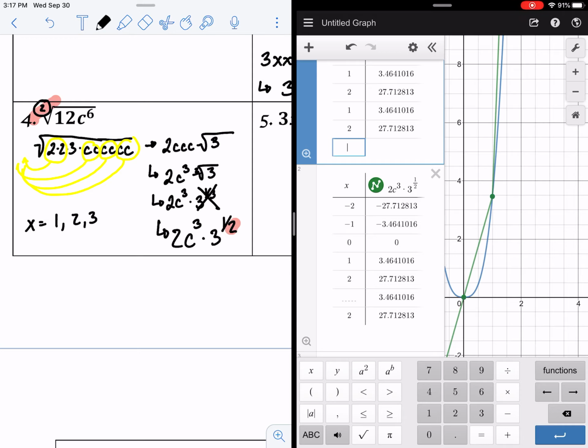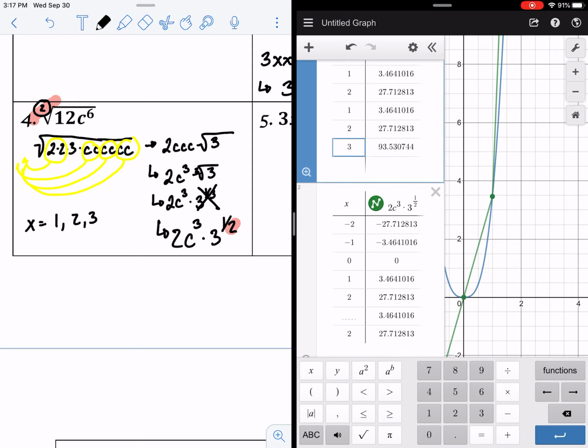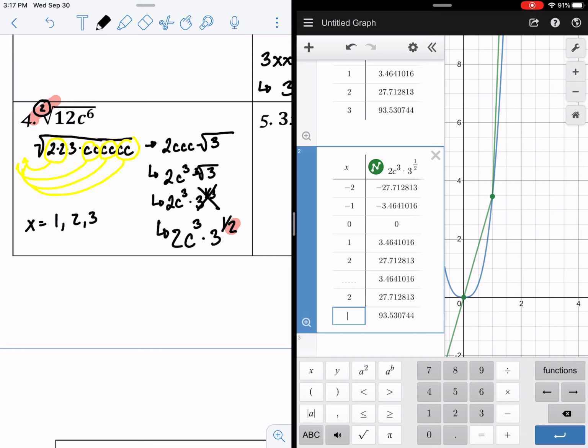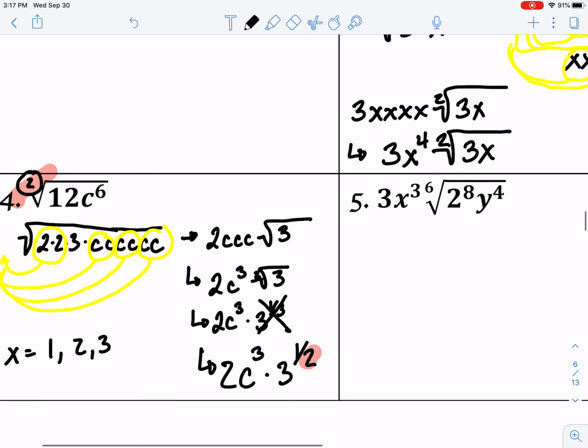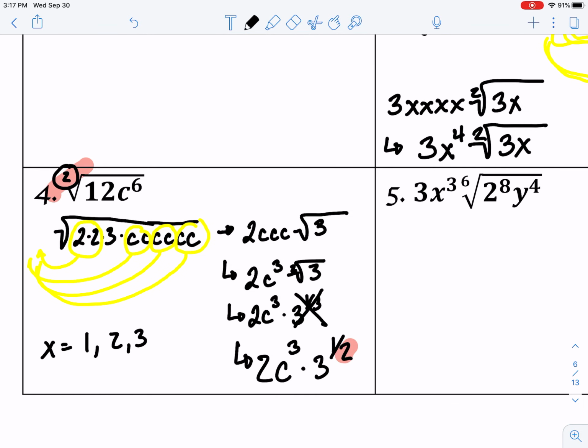And then I want to try 3, and I get 93.53. So in 3, I get 93.53 as well. So because these are the same values, I know my answer is correct. The reason we don't use negative x values is because when we use negative x values, it makes crazy things happen inside the radical.